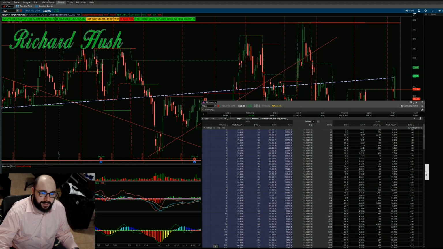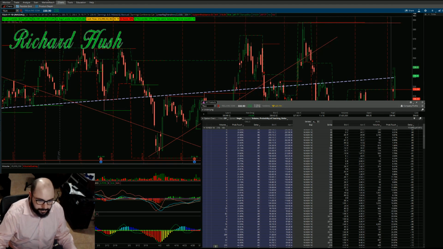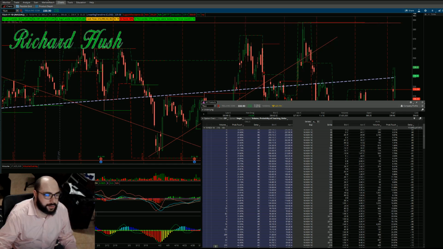Or are we going to go back down to 342 on a rejection of this linear trend? Last time we broke over the linear trend, we made it way high up there, but only time will tell. We currently have completed a chopped cheese here, one of the setups that we use in the channel. So we'll see what Tesla does.